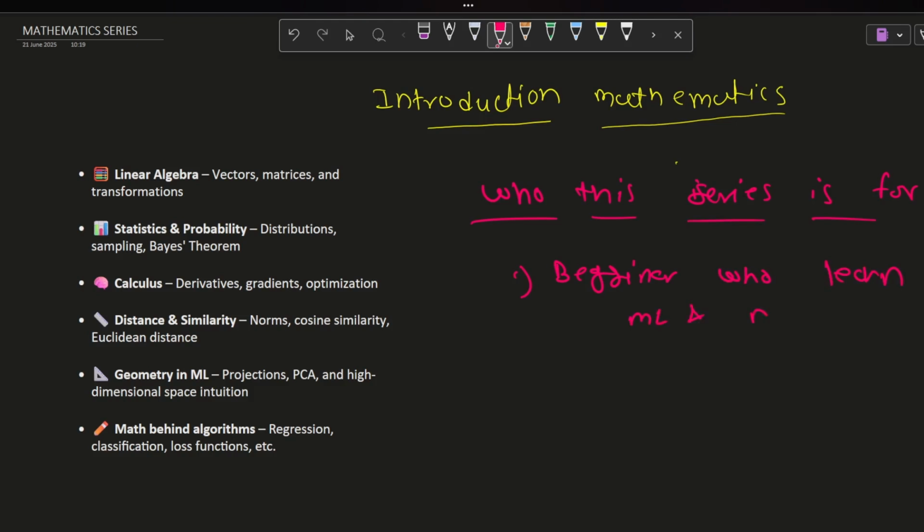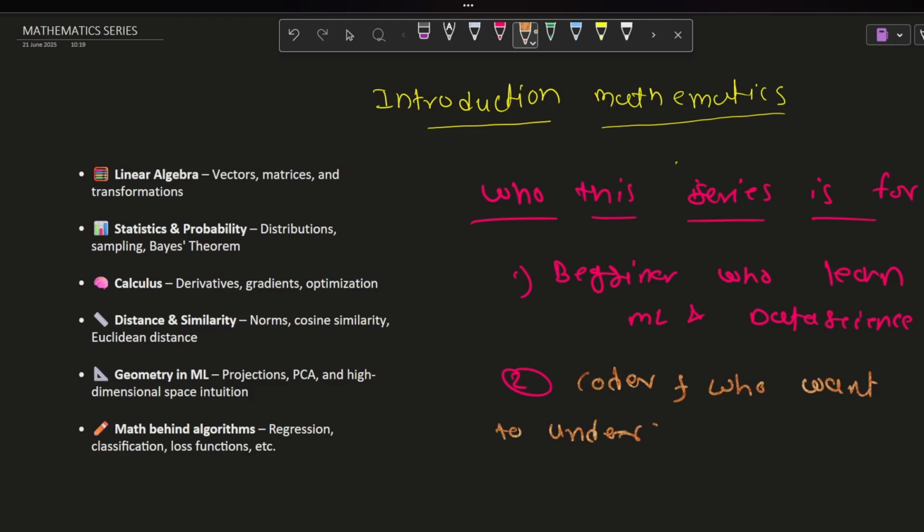Second, this is for coders who want to understand the math behind it. And third one is math for anyone.